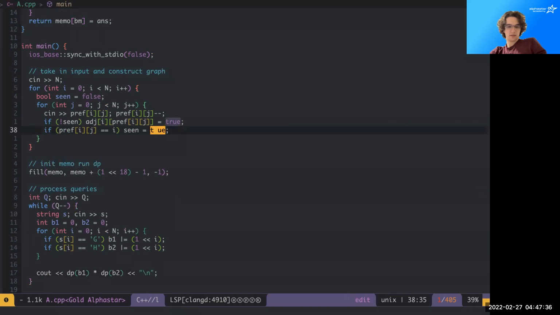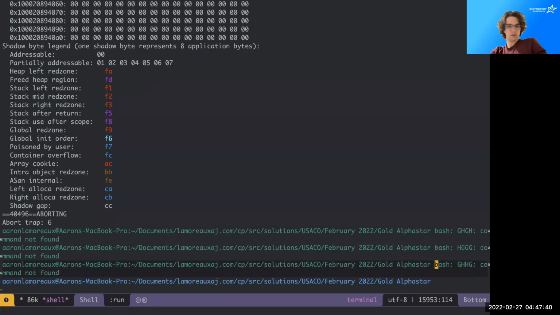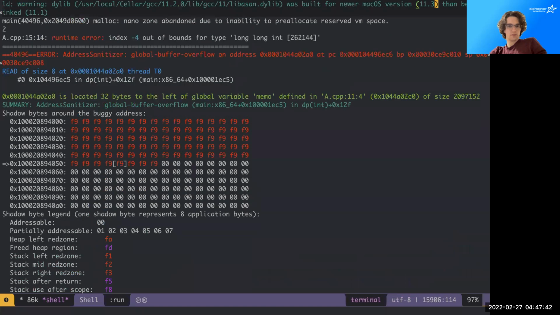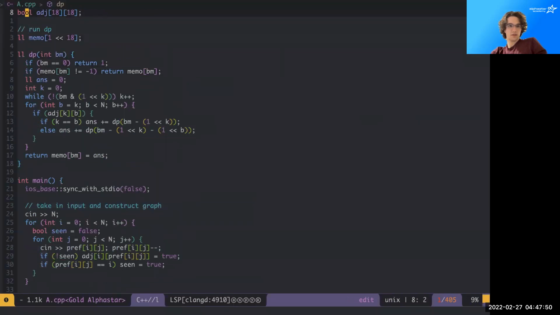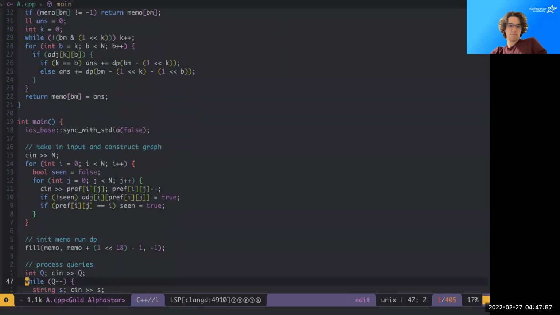Get some runtime errors. Let's see, we got like a buffer overflow, 15. Shouldn't be that big.